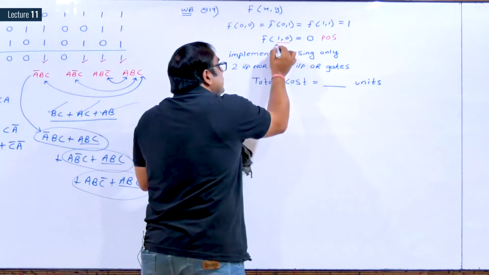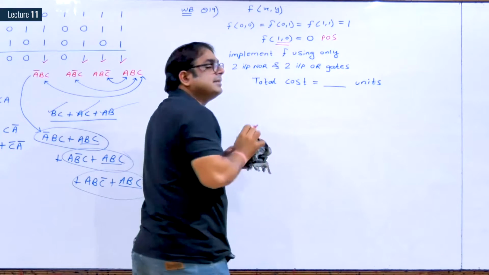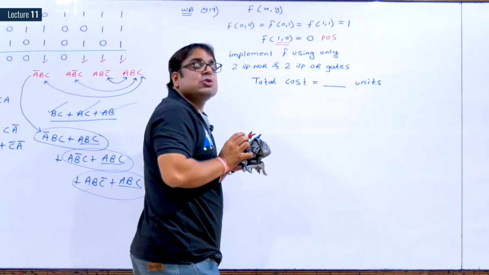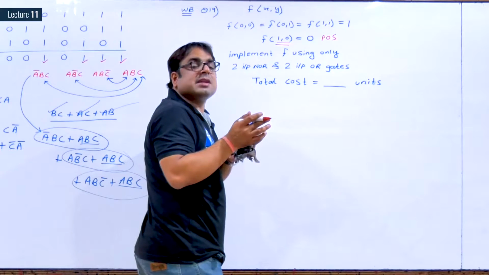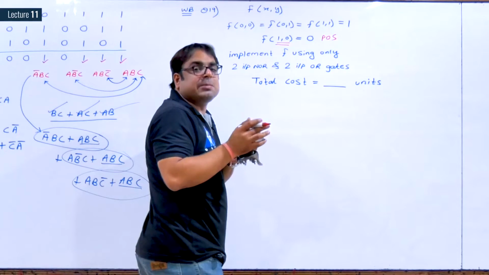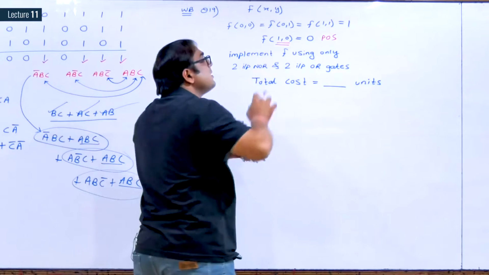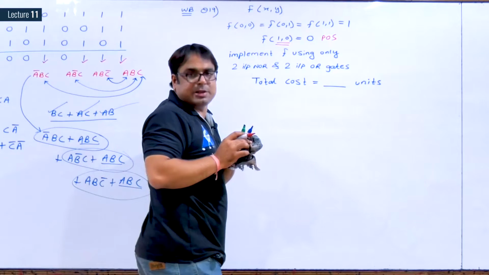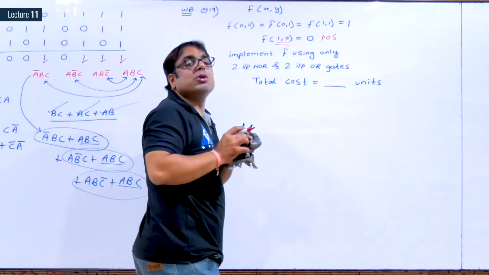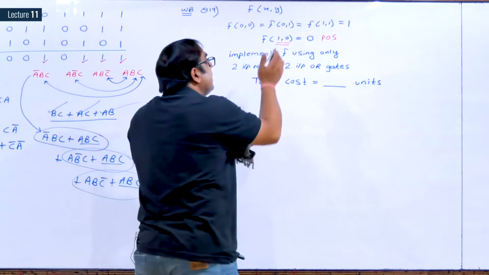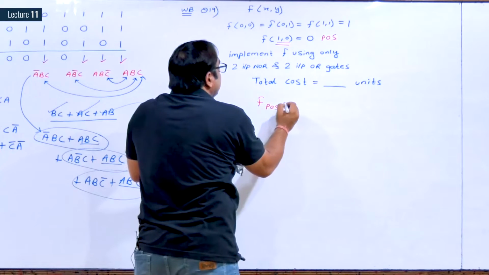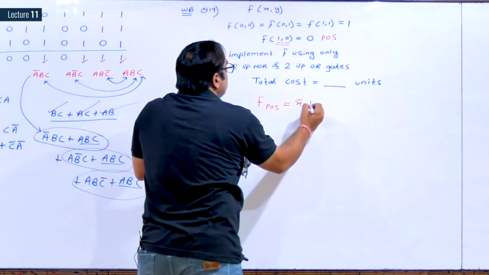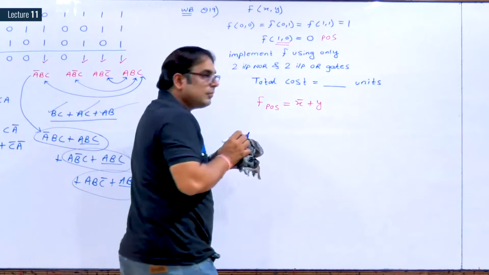So this combination 1 0. In POS, you should know we have max terms or sum terms, and 1 corresponds to complemented variable. So this expression f in POS format is x complement plus y.